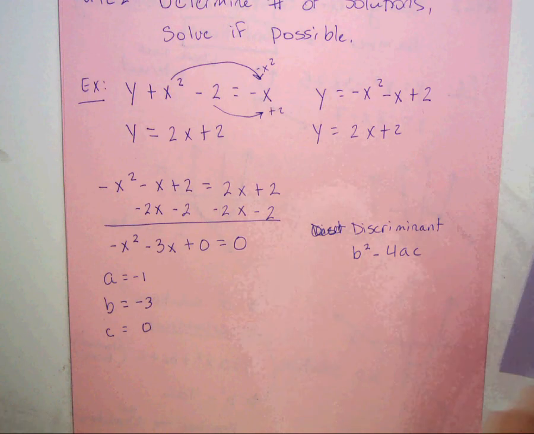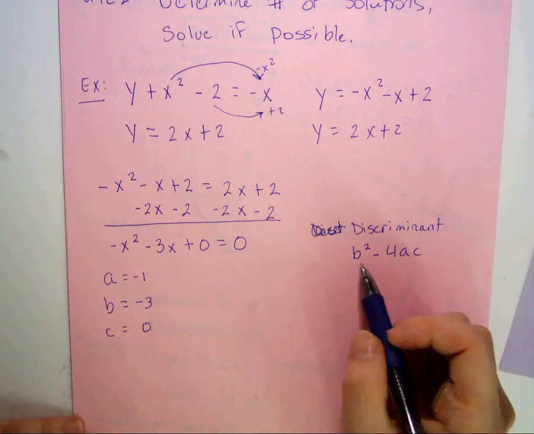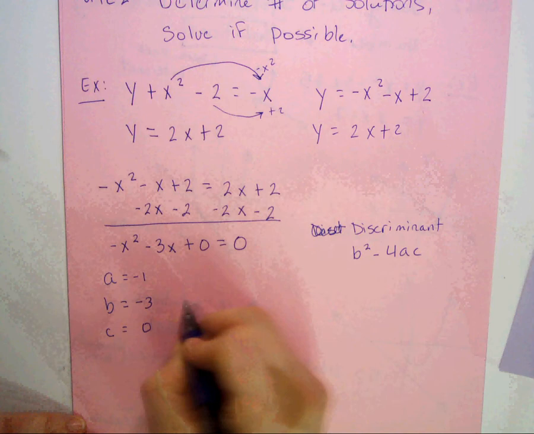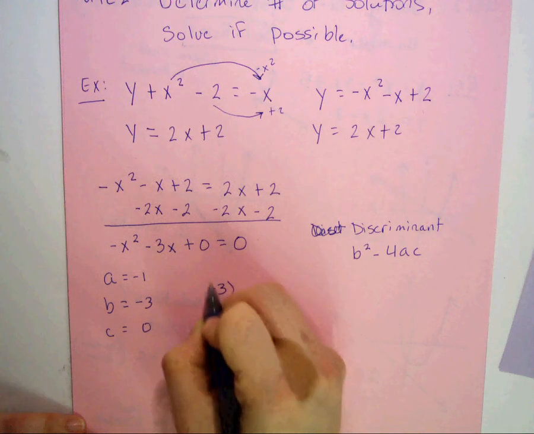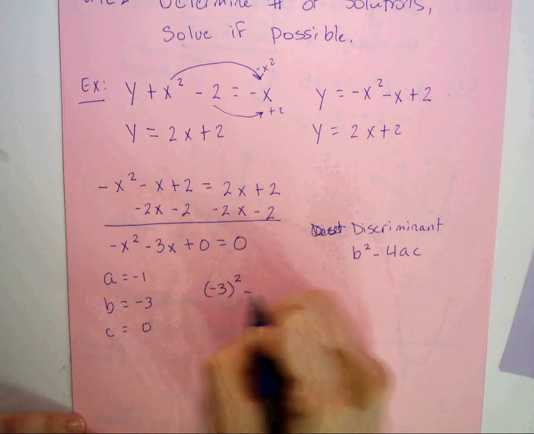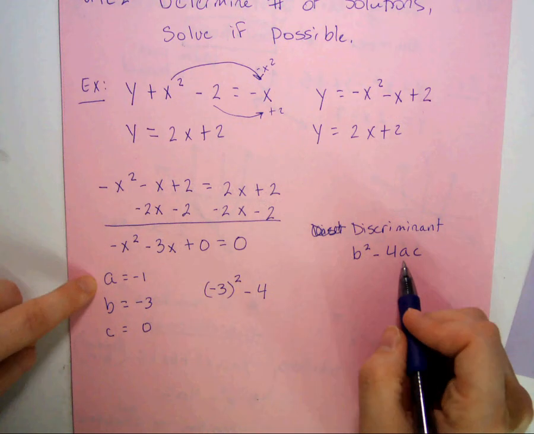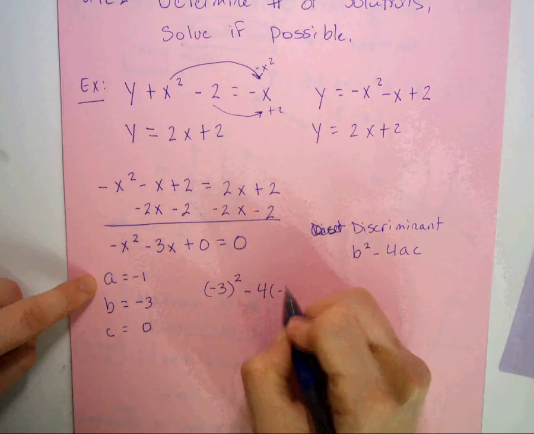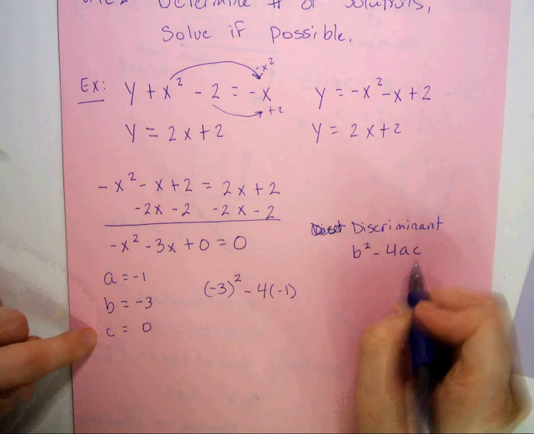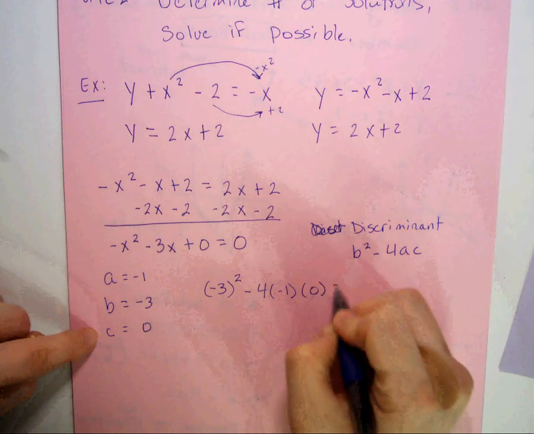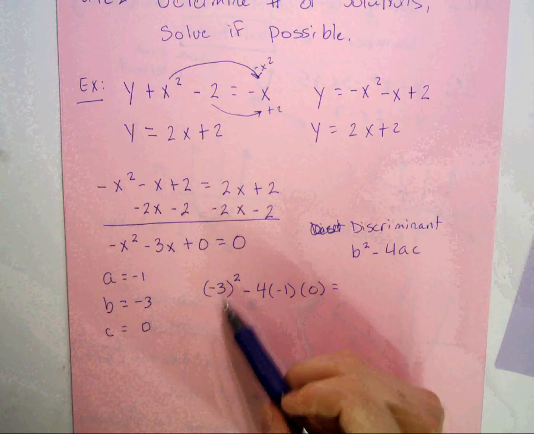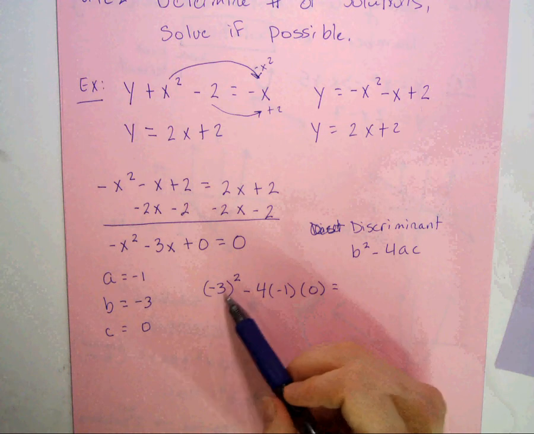So I'm just going to plug it into my discriminant and see if I get a positive, a negative, or 0, so I can know how many solutions I have. So I'll get negative 3 squared minus 4 times a, which is negative 1, and then times c, which is 0.